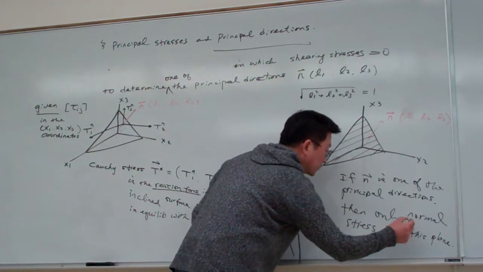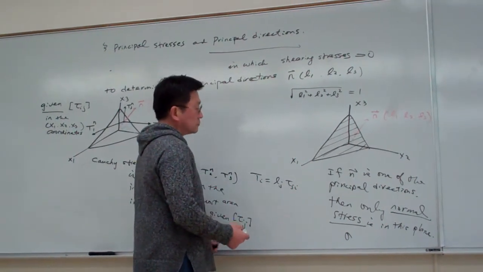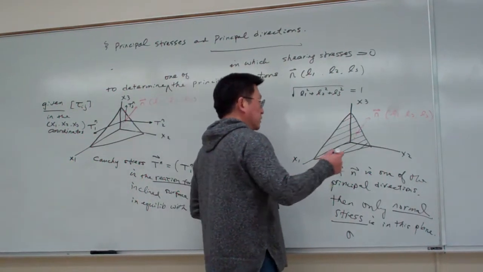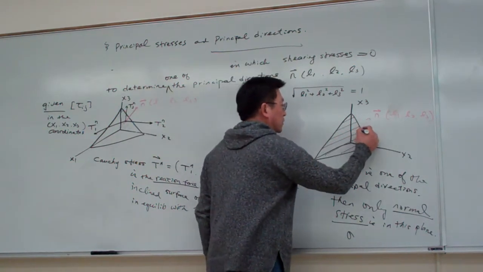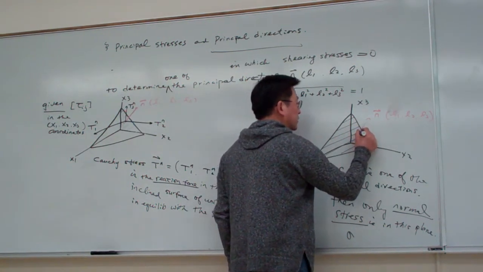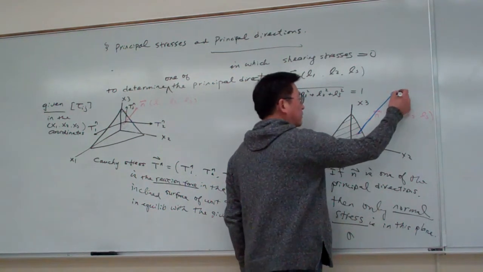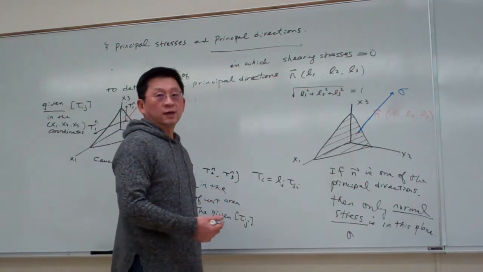Let me say that normal stress is sigma. So in this way, let me draw the normal stress. The normal stress is a stress normal to that plane, so that means the normal stress is in the n direction. Let me draw it with a certain magnitude, sigma. Sigma is the principal stress.